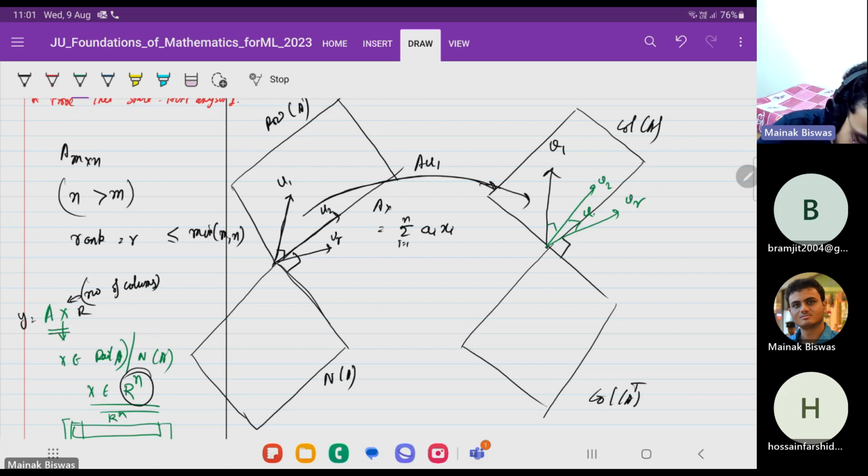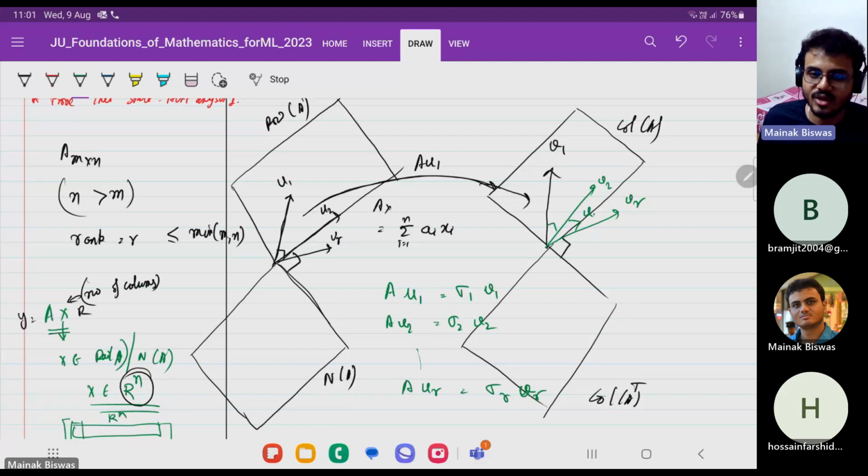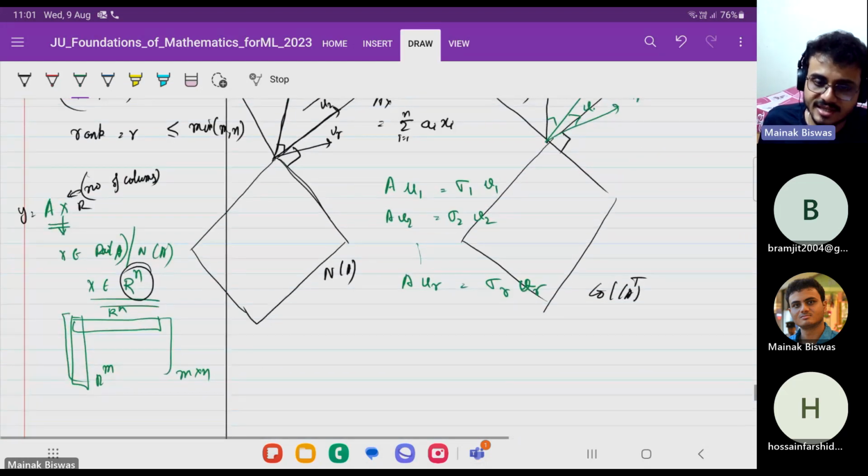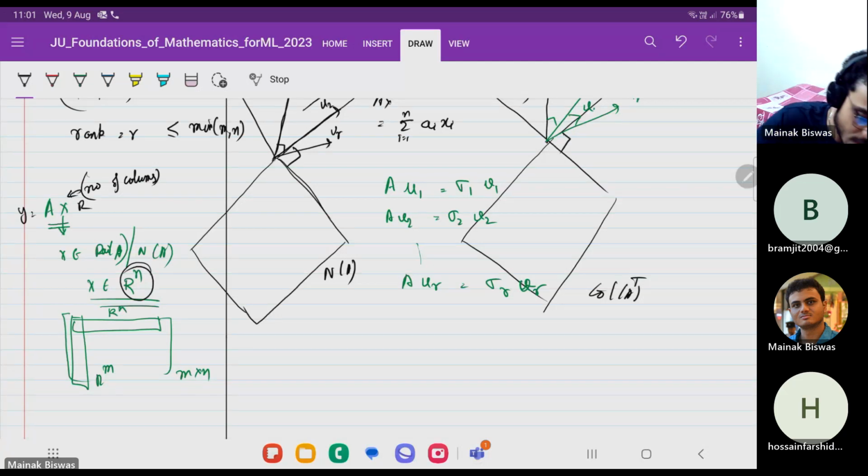So I will have something like A U1 is equal to sigma 1 V1 and A U2 equal to sigma 2 V2 and so on. A UR is equal to sigma R VR. Yes or no? And if they are orthogonal, how will it be helpful? I will show you that there is a solution that exists for making it orthogonal. But how will it be helpful in some way?